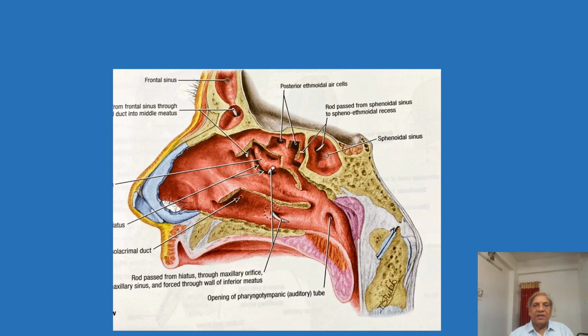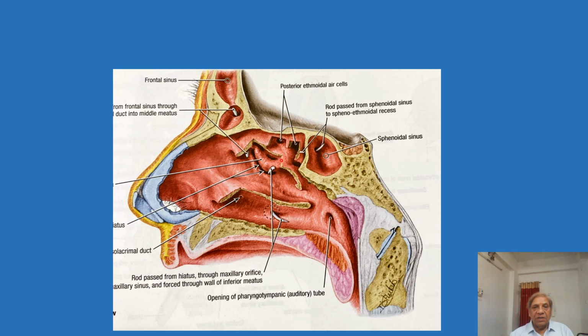See, the sphenoidal air sinus is not opening in any meatus, but just above and behind the superior concha in the sphenoethmoidal recess. After cutting the superior concha, we can see the opening of the posterior ethmoidal air cells, the chambers we have seen in the lateral wall of the nose in the ethmoid bone.